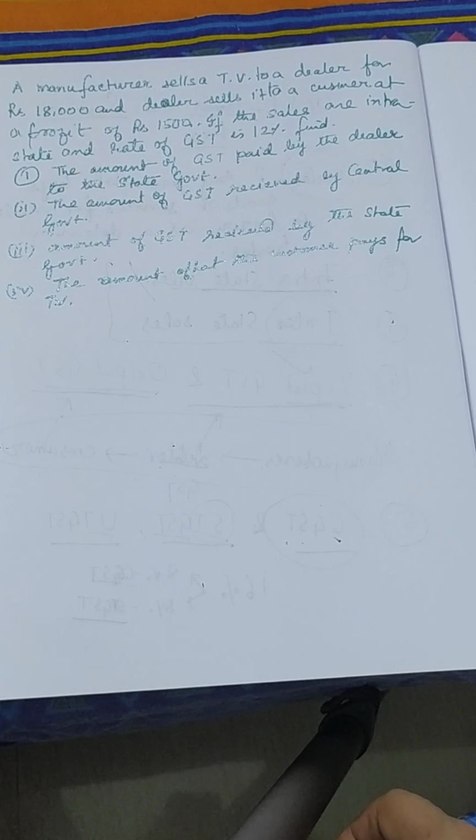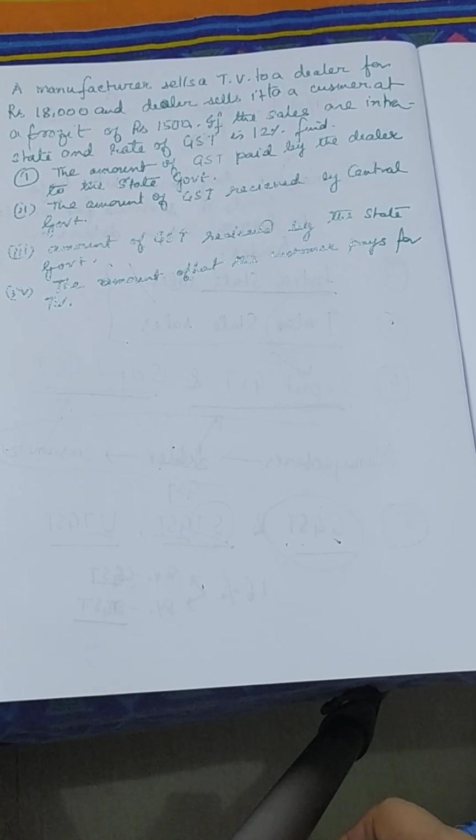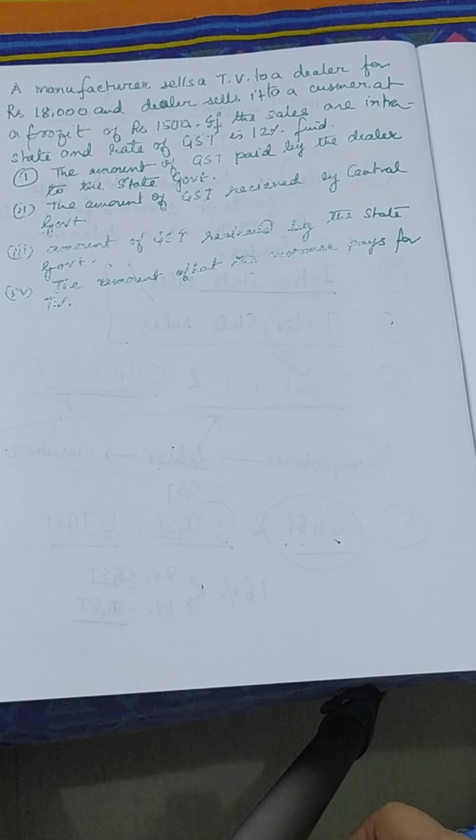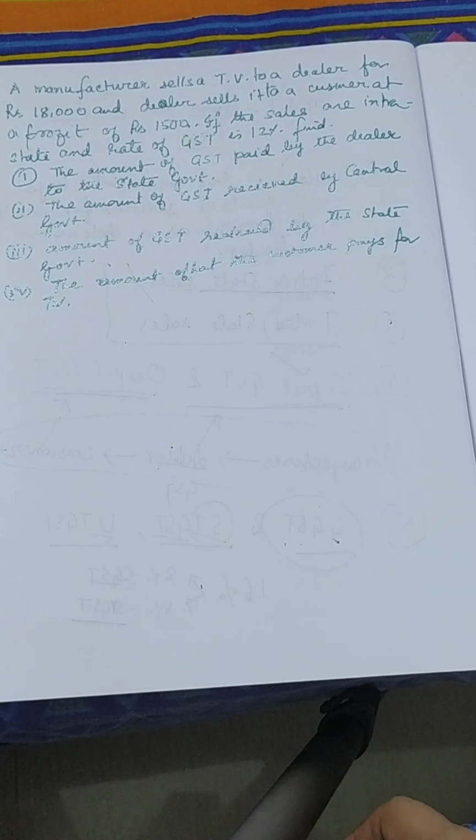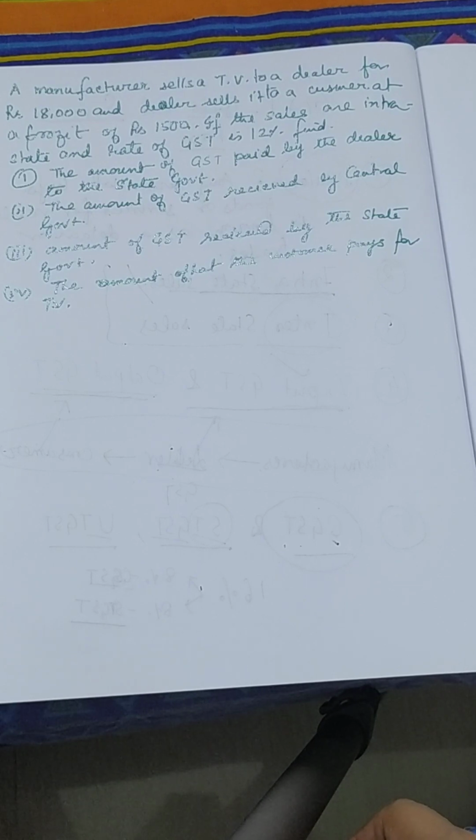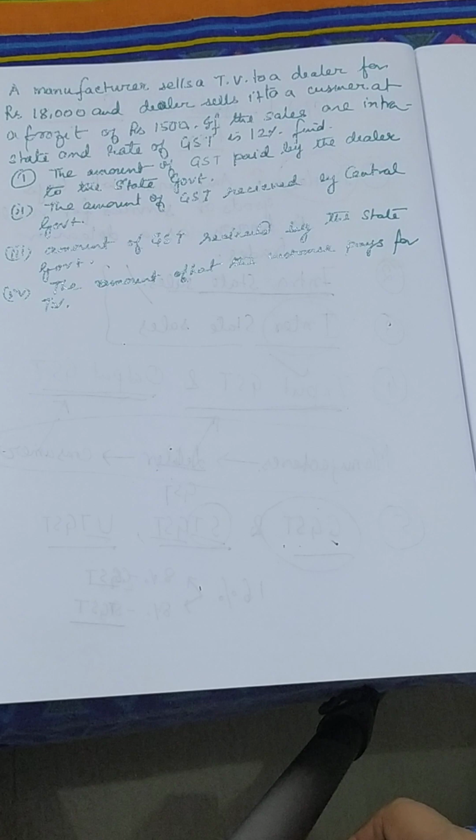So the first question is like this: a manufacturer sells a TV to a dealer for rupees 18,000 and the dealer sells it to the customer at a profit of rupees 1,500.